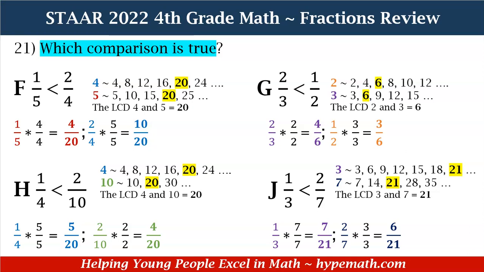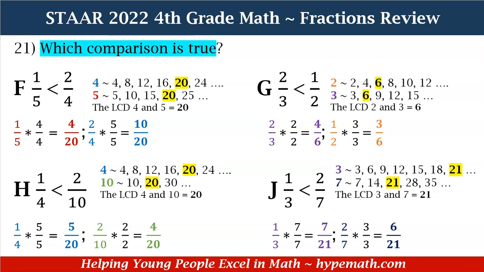Now let's move down to H. We have 1/4 is less than 2/10. I have to find my LCD for 4 and 10, so my multiples of 4 are 4, 8, 12, 16, 20, 24, and so on. For 10, it is 10, 20, 30, and so on. And we found our LCD. It is 20. So the LCD of 4 and 10 is equal to 20.